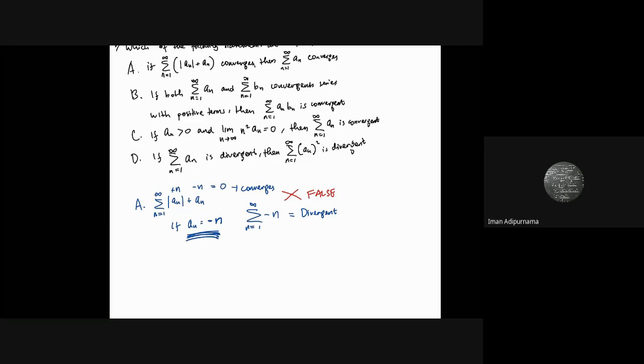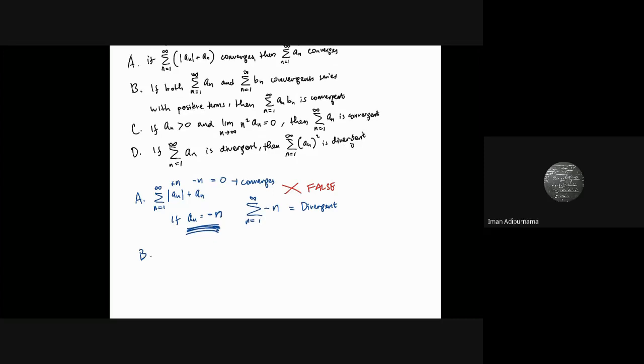And B is correct. B is correct because an and bn are positive terms. We can say that this will be greater than or equal to 0, because 0 is also nonnegative.